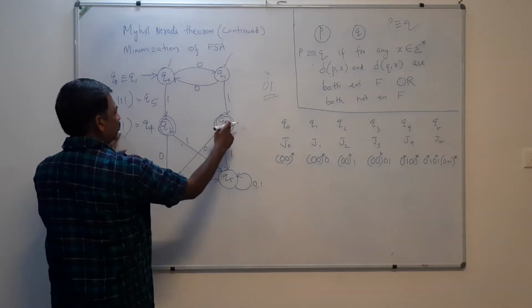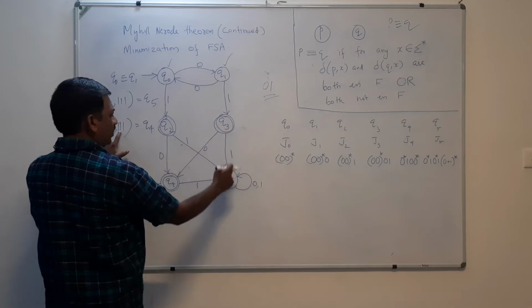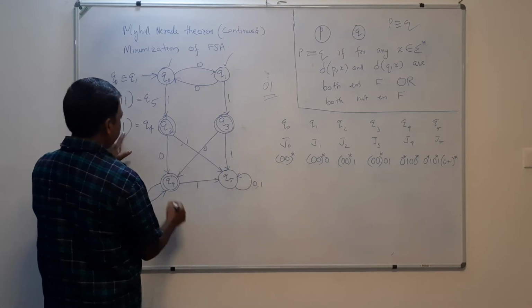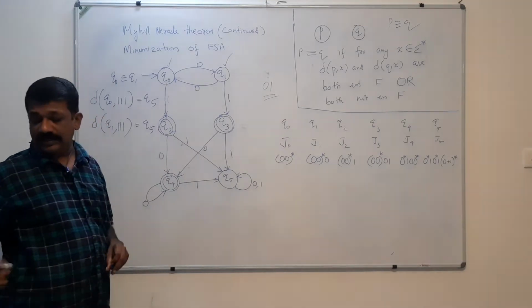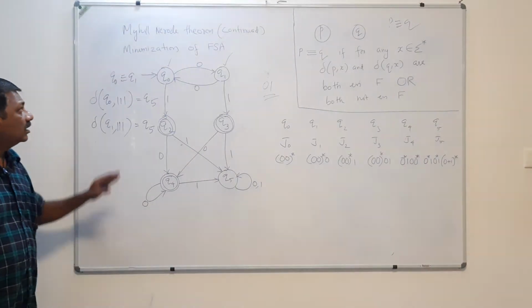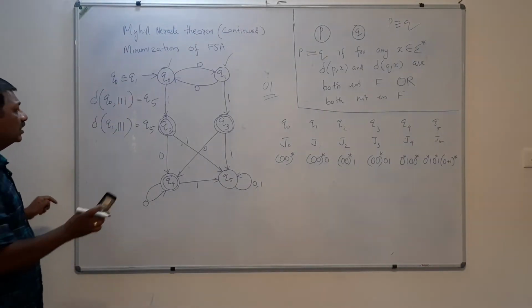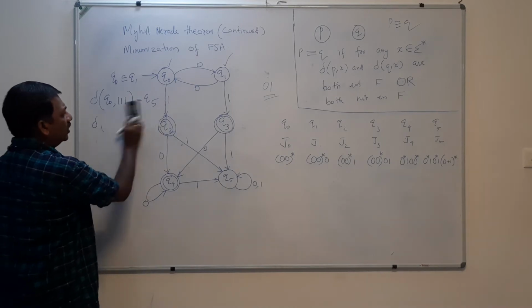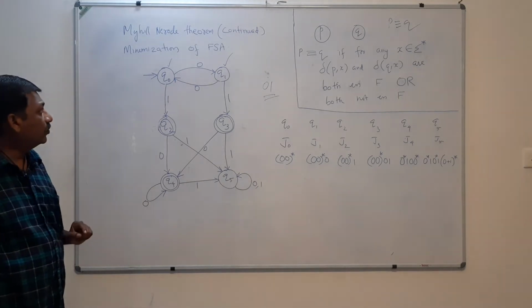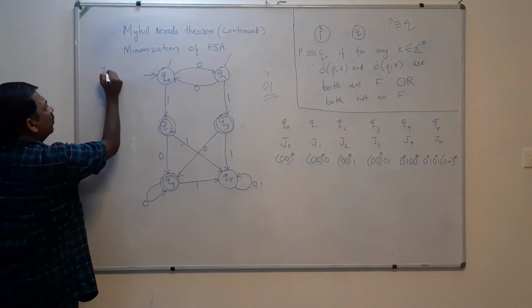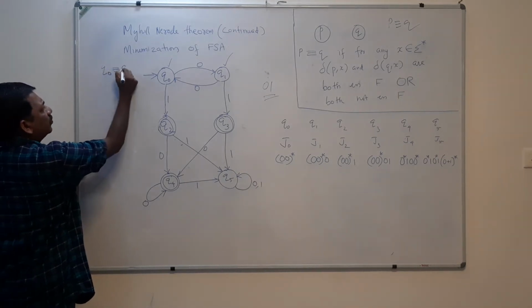Q1 on 1 is Q3, and Q3 on 1 is Q5, again Q5. That means both are Q5, both are non-final states. That means Q0 and Q1 are equivalent. Q0 is equivalent to Q1.